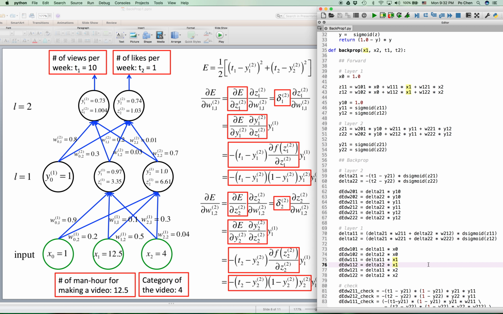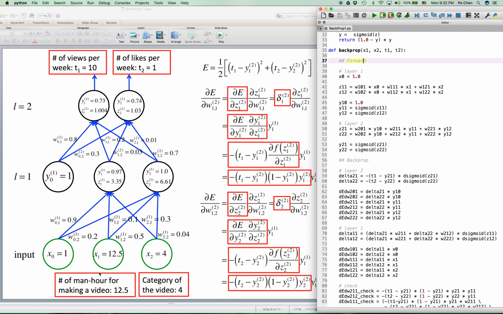In the first stage, we only carry out the forward calculation. So the first stage is called forward. We have a comment here, that's a forward calculation. In this forward calculation, we go from the bottom input layer towards the top output layer.